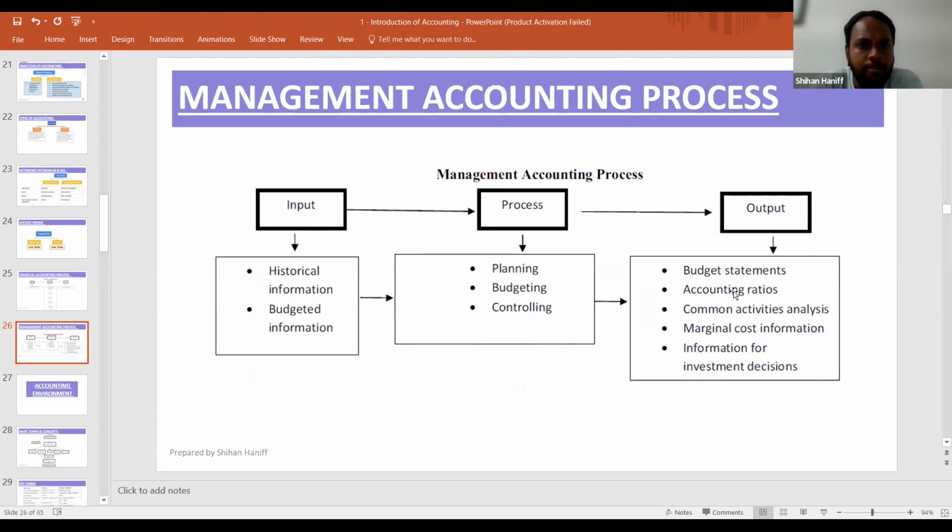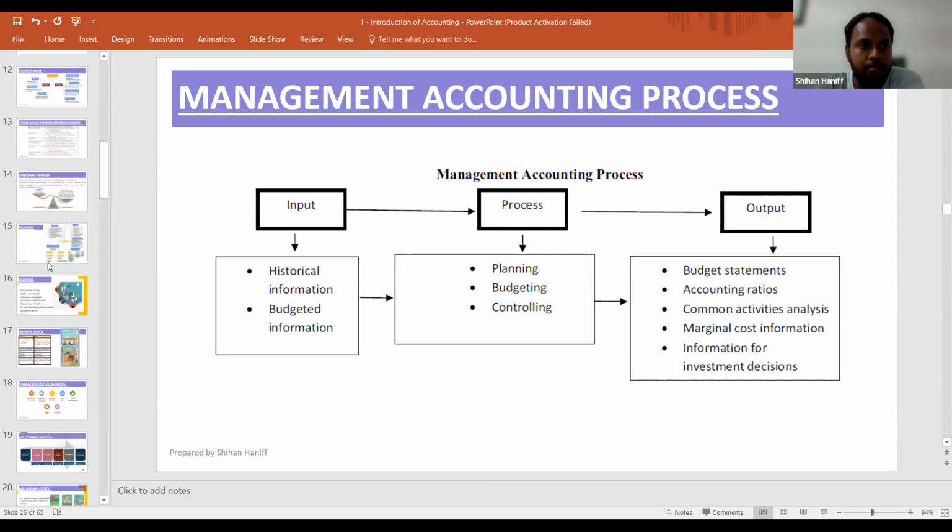This is also important because I saw in one past paper they asked about the output of management accounting, and in between they had given an output of financial accounting. Okay, so the outputs are budgeted statements, accounting ratios, cost activities analysis, marginal costing information, information for investment decisions. These are the outputs of management accounting.